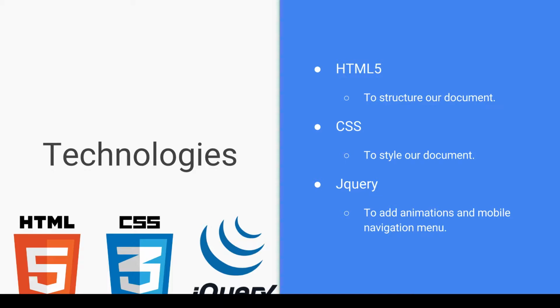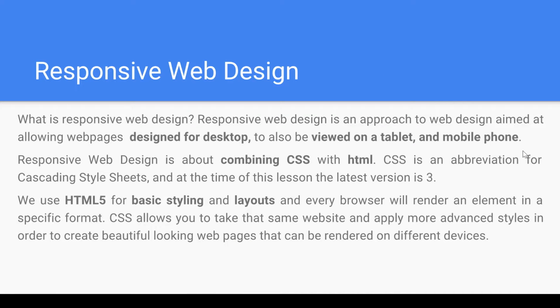Technologies that we are going to use: HTML5 to structure our document, CSS to style our document, jQuery to add some basic animations, and also to help us with the mobile navigation menu. Responsive web design is an approach to web design aimed at allowing web pages designed for desktop to also be viewed on a tablet and mobile phone.